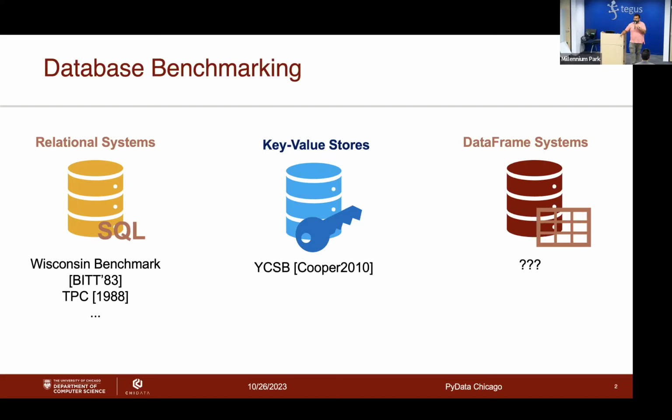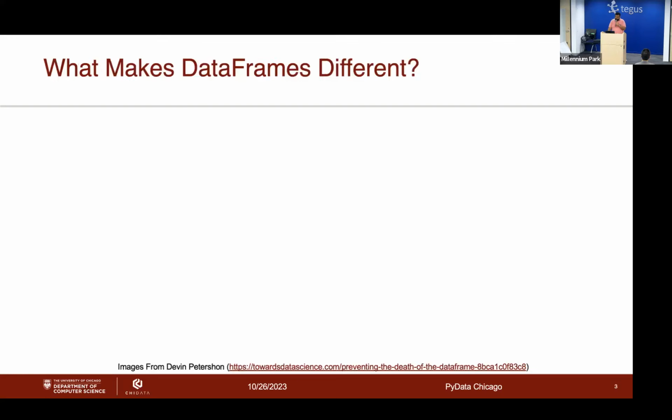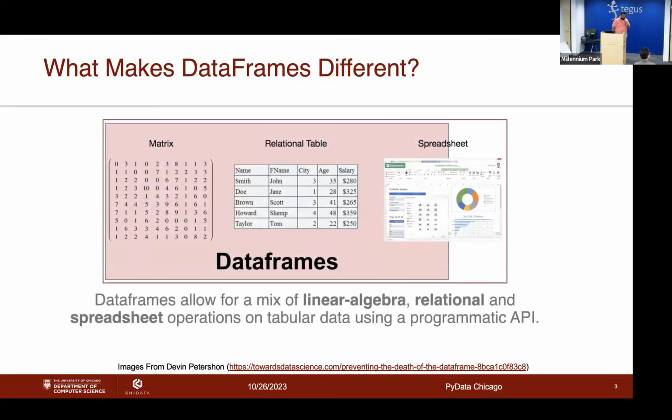Any sort of system in which you're working with data frames and not database tables, where you might have sort of semi-structured data, maybe possibly multidimensional, but there is some kind of spreadsheet style ordering of the data that you have. So what makes these data frames different from relational database systems, right? Data frames allow you to mix semantics across relational and spreadsheet style operations.